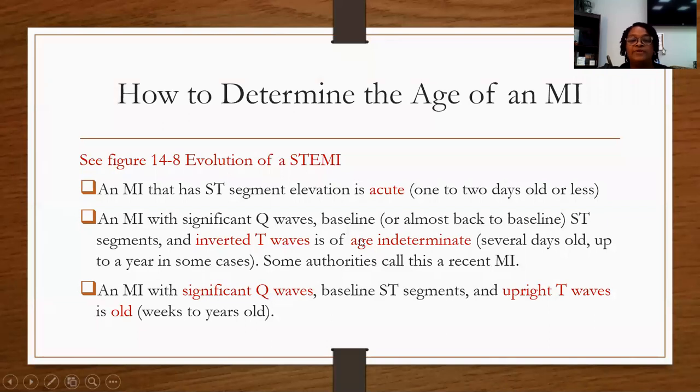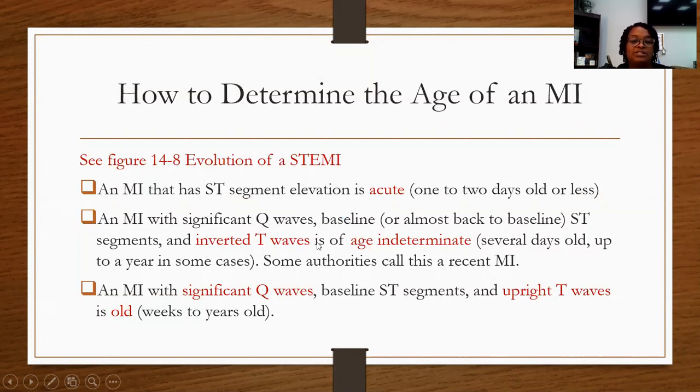So you can determine the age of an MI. For example, you may have a patient that comes in and gets an EKG, and when the doctor looks at it, he may tell that patient, well, you had a heart attack, and they say, what? Yeah. An MI that has an ST elevation is an acute MI, meaning that MI has occurred within the last day or two.